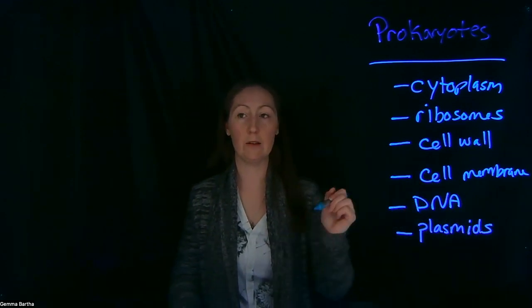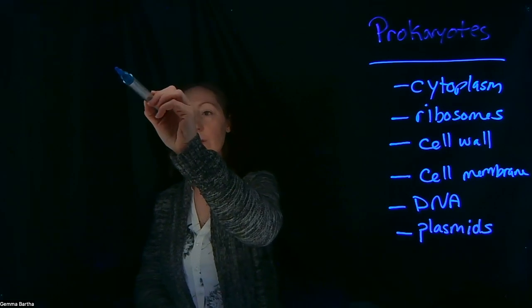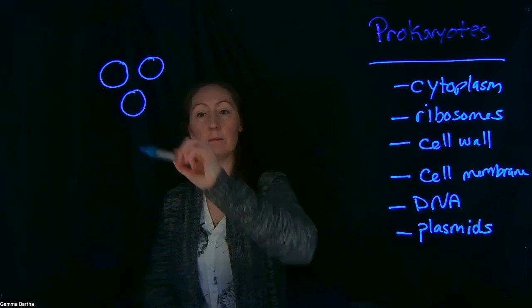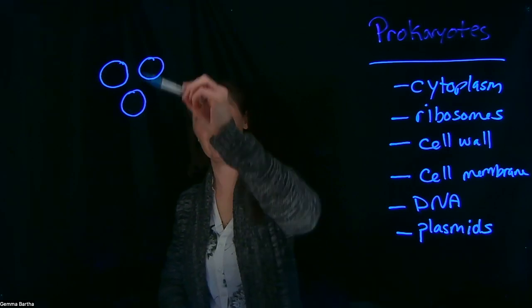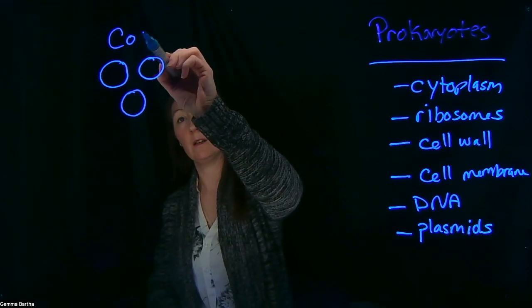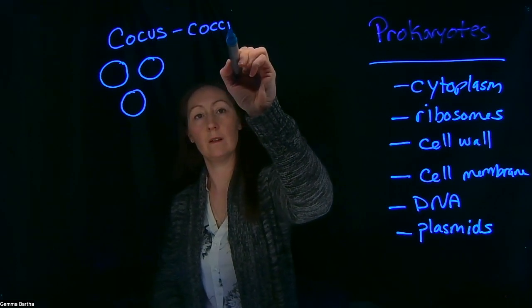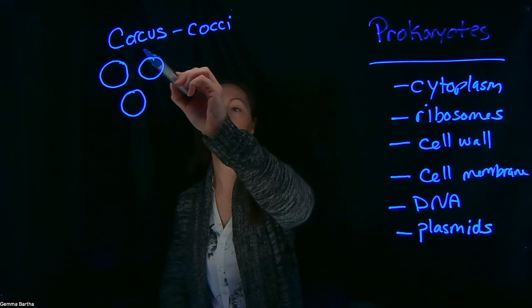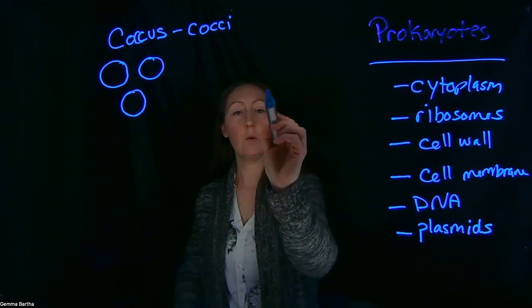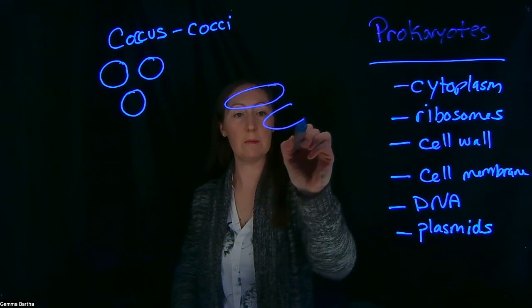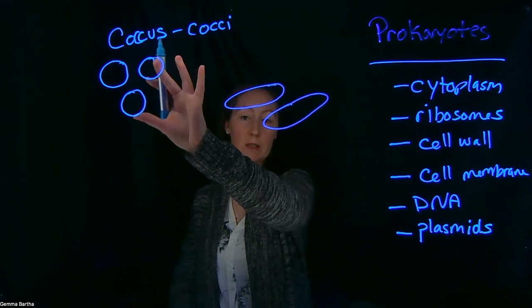Prokaryotes come in different shapes. So you have circular bacteria, and this is going to be your coccus or cocci. You also have rod-shaped bacteria. So this would be your streptococcus.